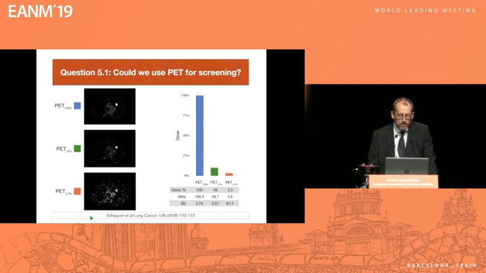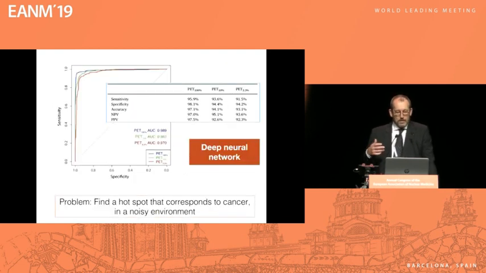Of course, in this case, you've got very, very noisy images. If you look at the images, you cannot use them. But could an artificial intelligence algorithm make some sense out of these very noisy images? Well, in this case, it's not bad. These are the three curves. This one is the deep learning algorithm recognizing the lesions with all the counts in the images, with a very, very high AUC and an accuracy also very high, 97%.